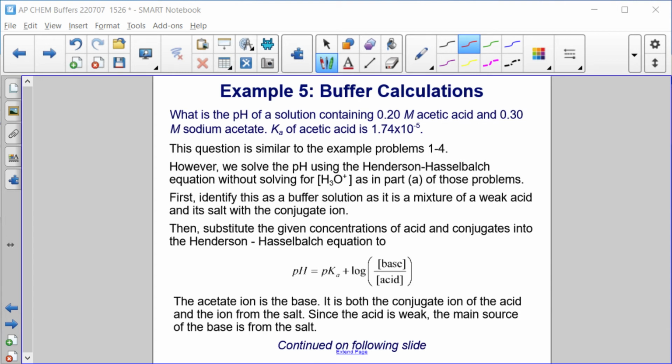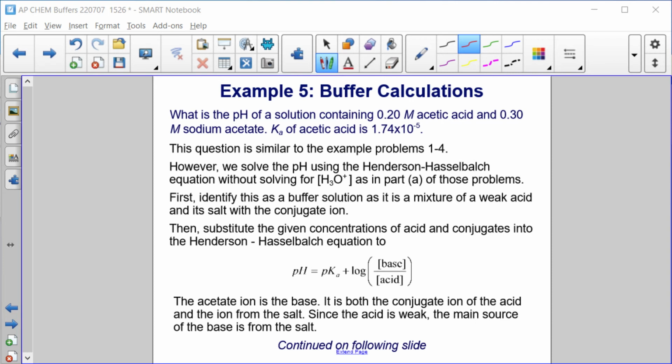But in examples 1 through 4, we solved it using the Ka expression, the equilibrium table, solving for X, and so on. In this case, we solve the pH using the Henderson-Hasselbalch equation without solving for the hydronium ion concentration as we did in part A of those problems.